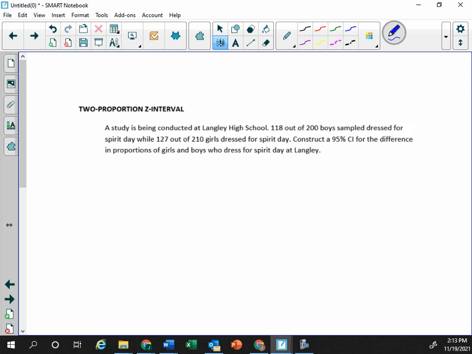I'm going to use the space up above as well, just because I will probably run out of room on this slide. So what is P sub G going to stand for this time? Yeah, so proportion of girls who dress up for Spirit Days at Langley, or proportion of Langley girls.